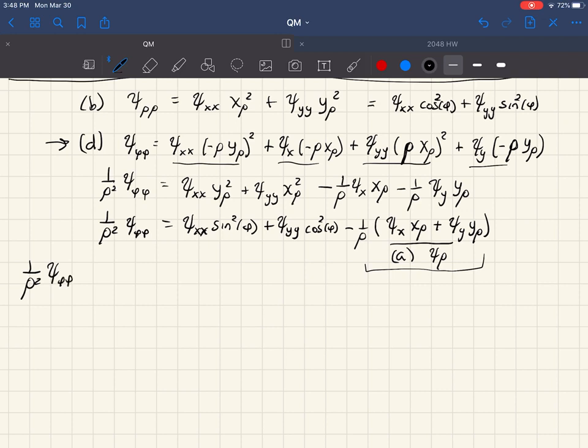When I bring it over to the left, it becomes positive. We have A psi of rho. Okay. And we have the second derivative of psi with respect to x, sine squared phi, and then the cosine term.